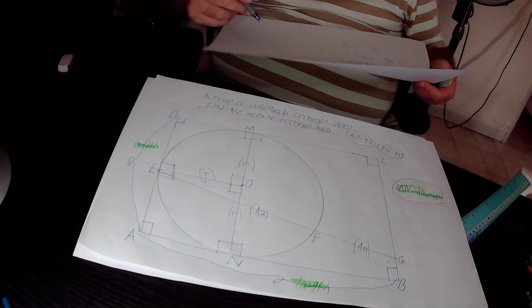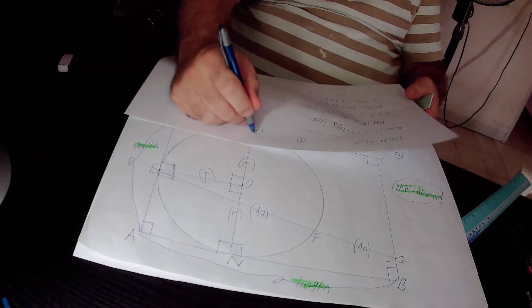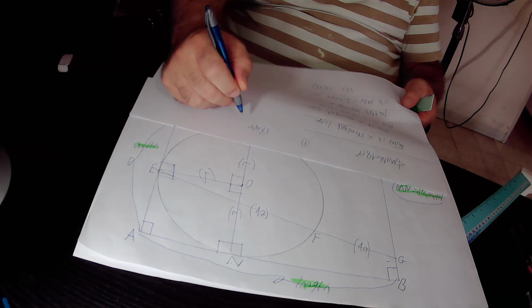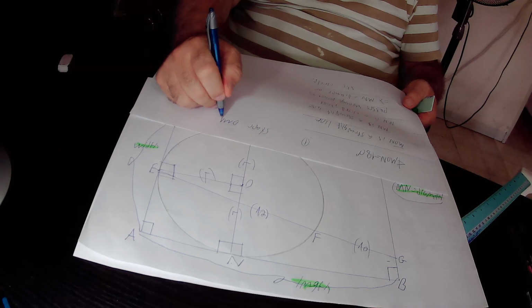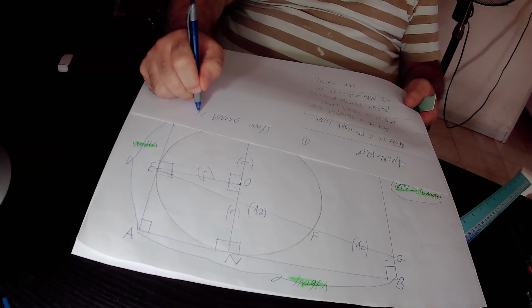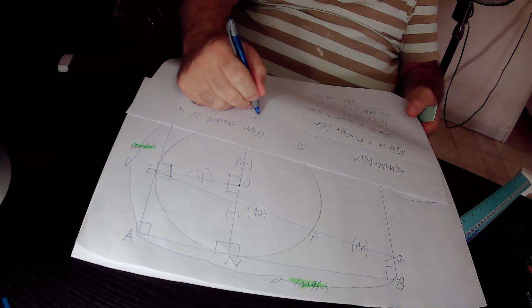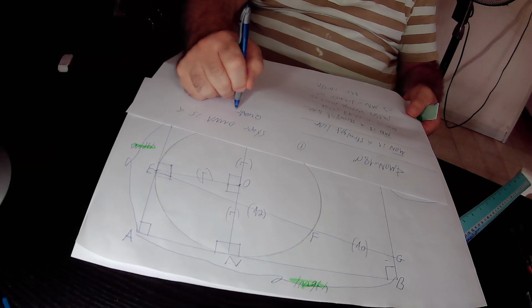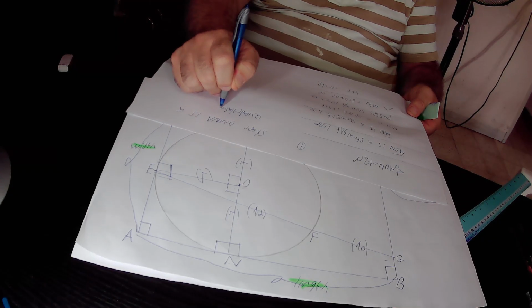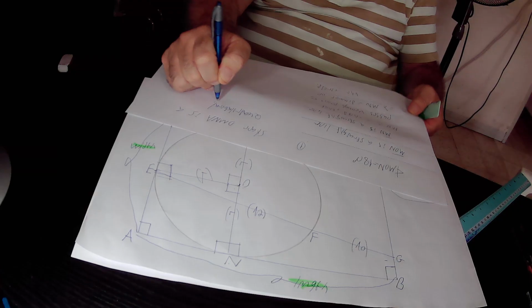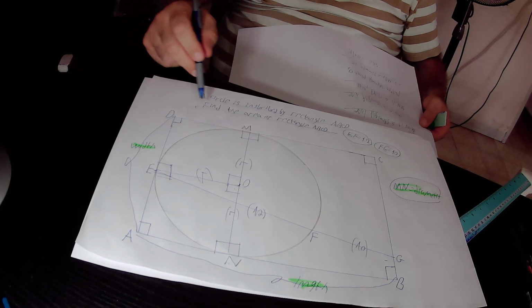What is it known? Shape DMNA is a quadrilateral with 4 right angles.